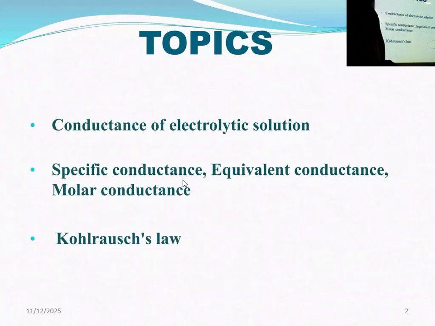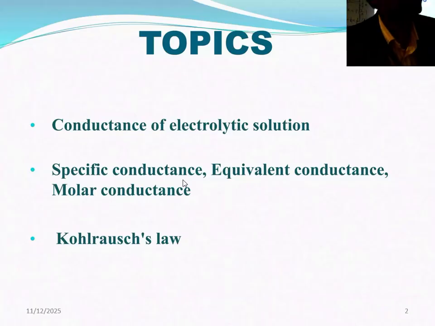C means concentration, and since it is equivalent, instead of C I can use N for normality concentration. So the relationship is capital lambda equivalent equal to kappa into 1000 by N. That is called equivalent conductance.